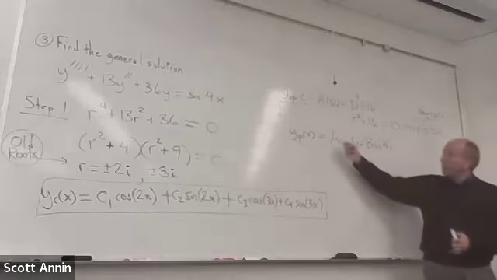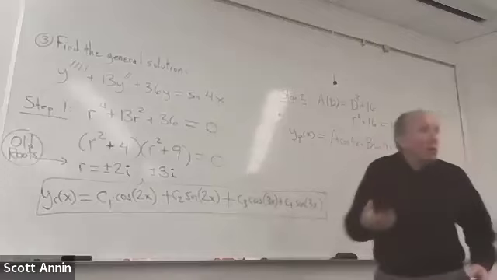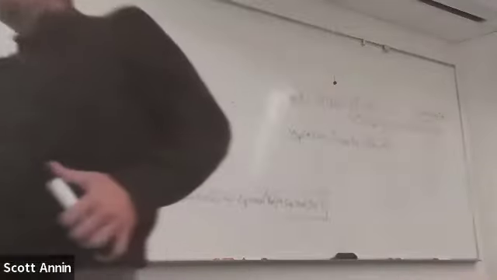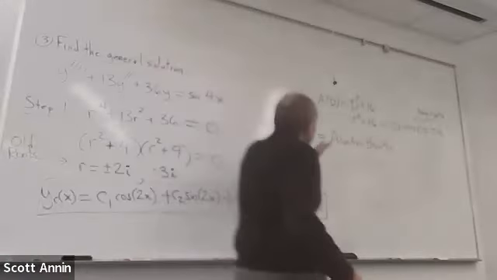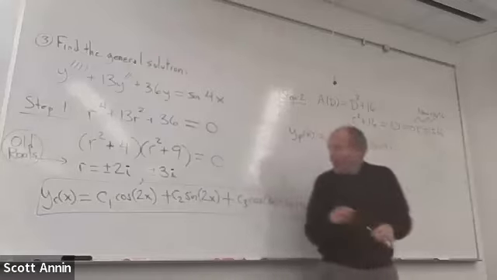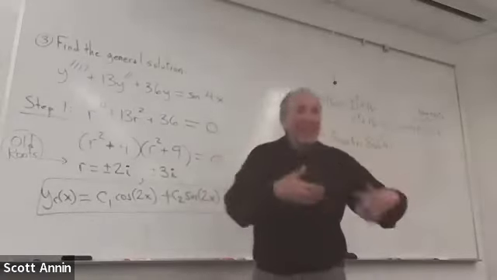Now, if you had called these constants C5 and C6, that would not be wrong. But I like to change to new letters here to remind myself that I can actually find the values of A and B, unlike C1, C2, C3, and C4, which are going to show up in my final answer without having a value.